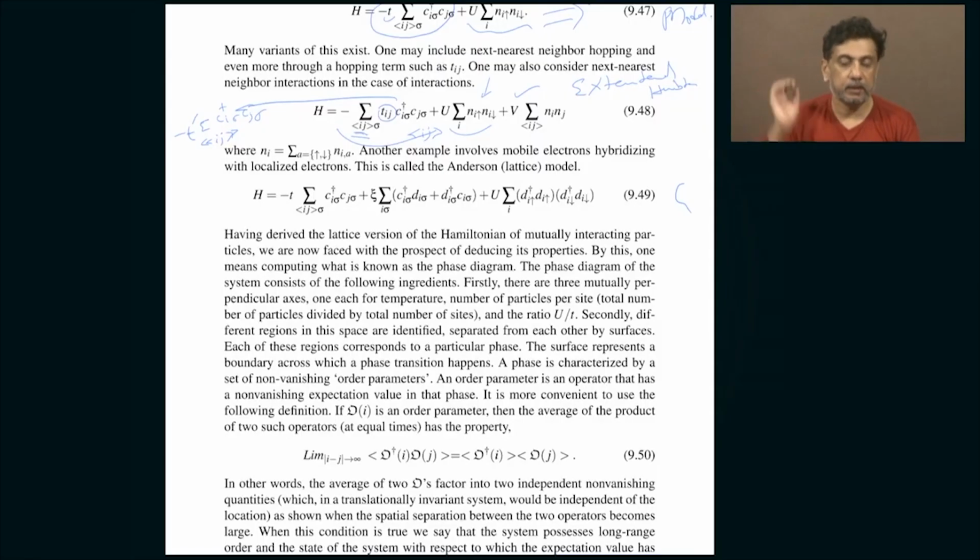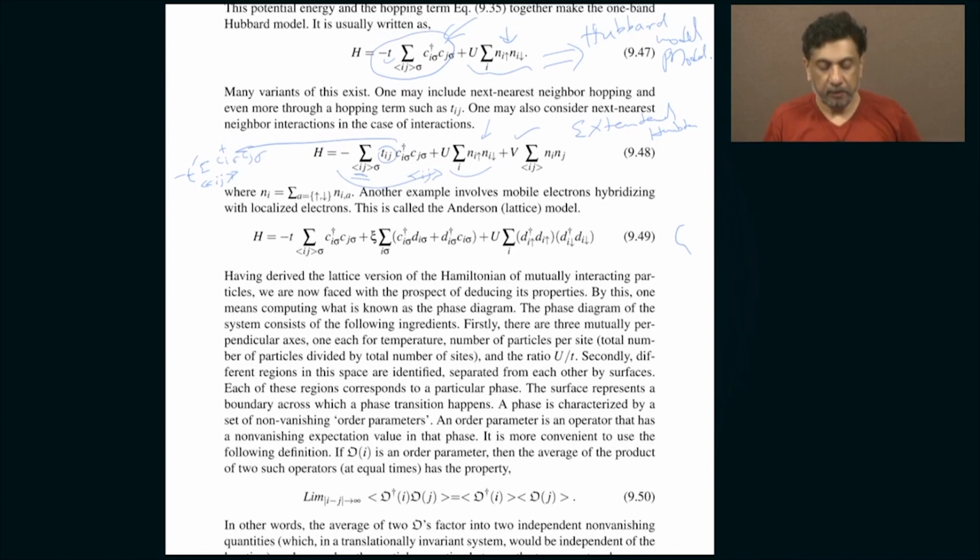So, in this class let us continue our discussion of lattice models. If you remember, in the last class I had stopped where I had explained how to derive something called the extended Hubbard model, starting from the description of a solid as being composed of localized positive charges, where negative charges, namely the electrons, are free to move.